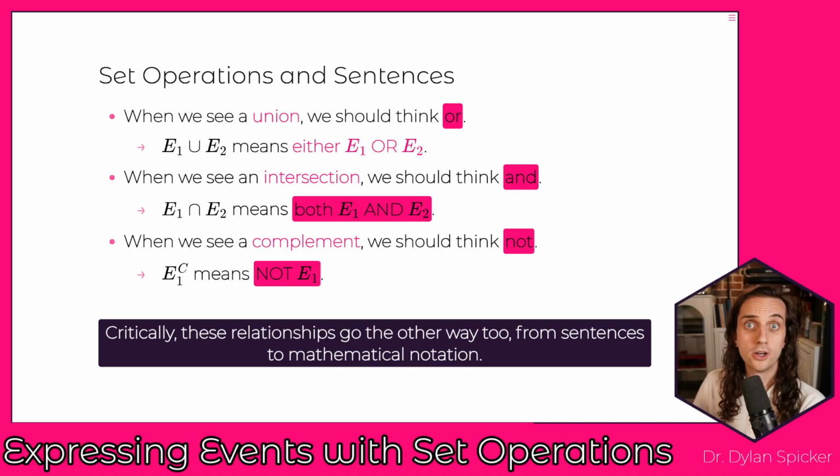We want to do A or B. We want both C and D to happen. We don't want F to happen. And so in these cases, we're going to be thinking about the use of our elementary set operations here, translating back from sentences that we actually care about.